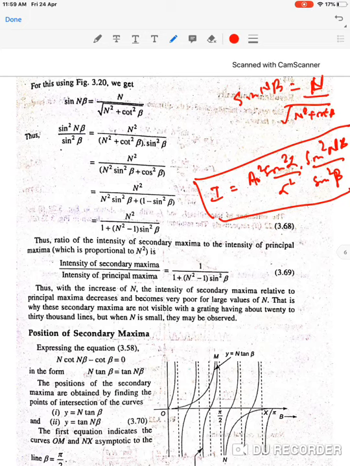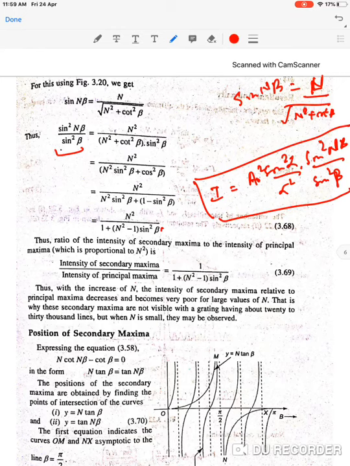So with respect to different beta, we get minima and maxima. Correspondingly we got the condition of principal maxima and minima points. So now if I put this value for secondary maxima into this equation, I will get the intensity of the secondary maxima, obviously.